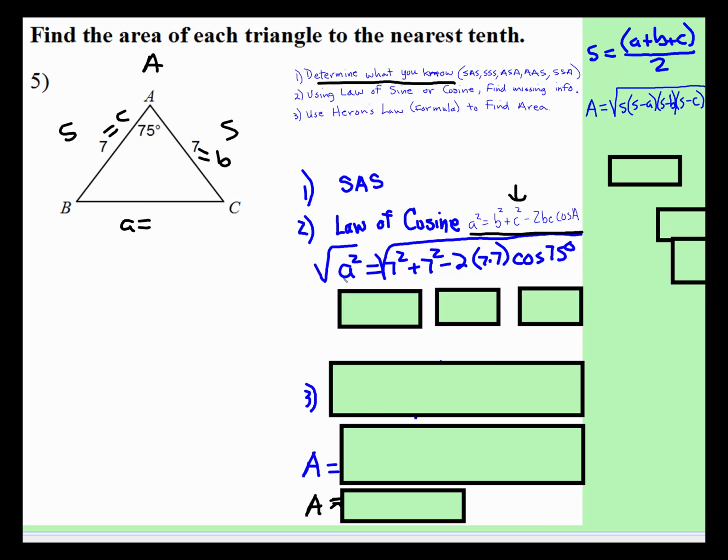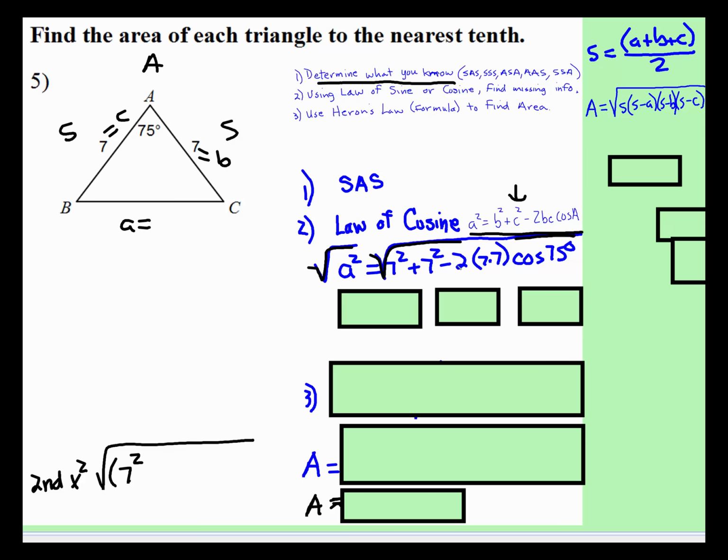Because we're trying to find A, the formula is A squared equals all of that stuff, but to find A at the very end, we're going to take the square root of both sides. So in your calculator, if you do second and then hit the x squared button, it inserts an open parenthesis.